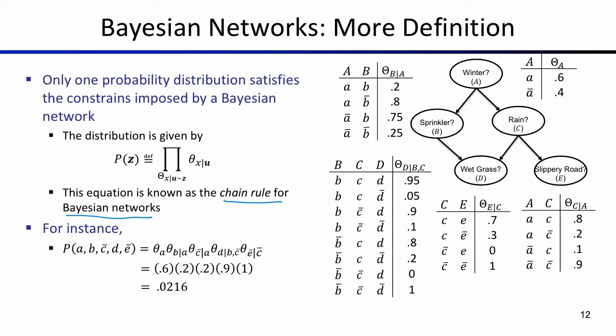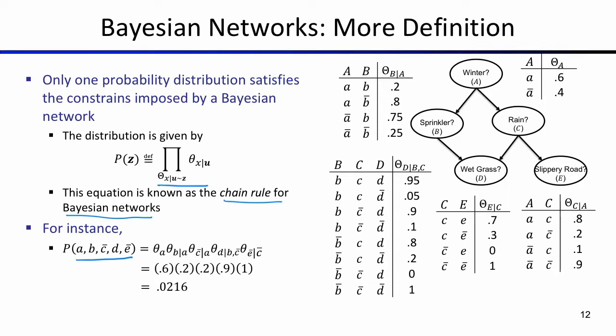Let's continue with the example that we had before. We have this network instantiation here, and I want to compute the probability for this network instantiation. The definition says that we should take the parameters that are compatible with the network instantiation and multiply all of them.